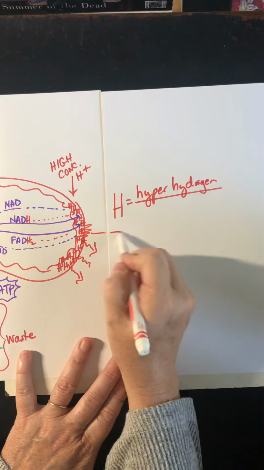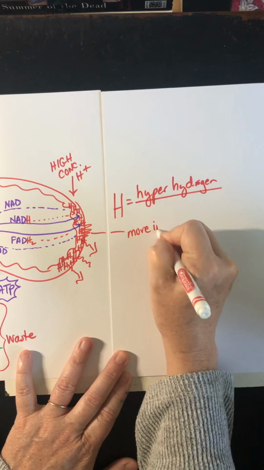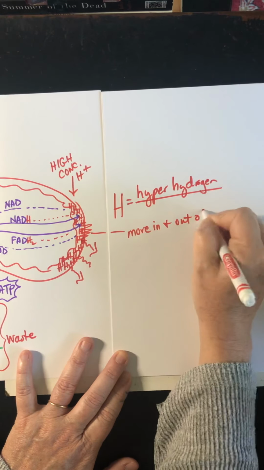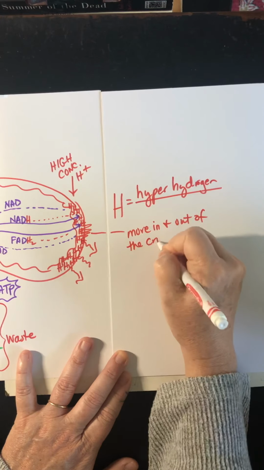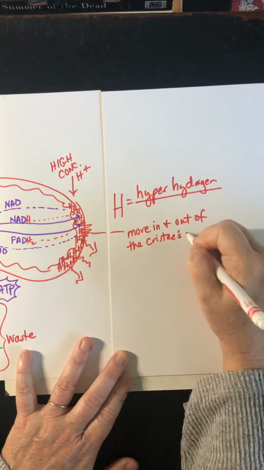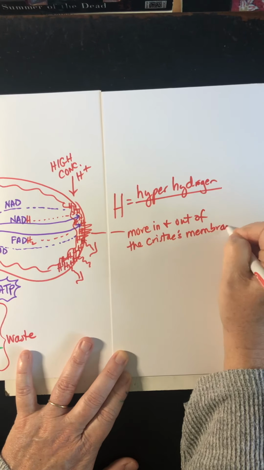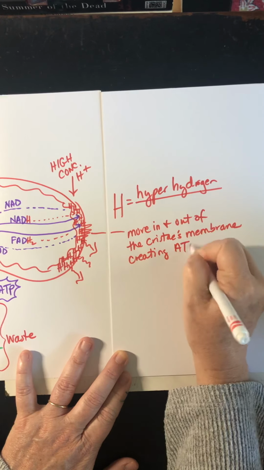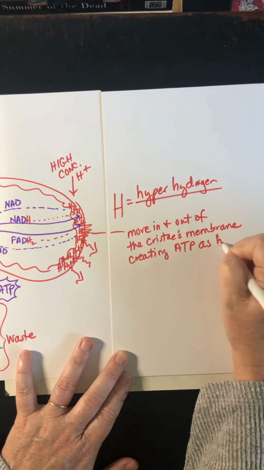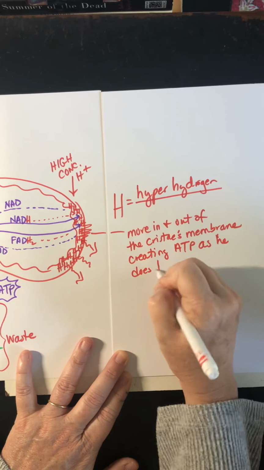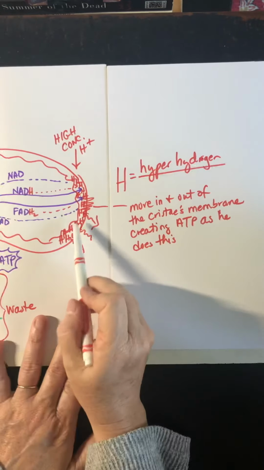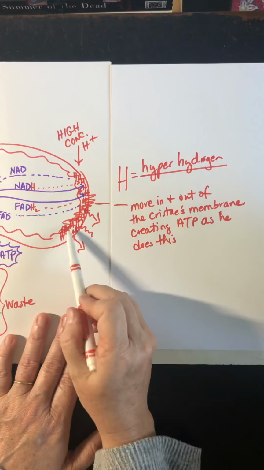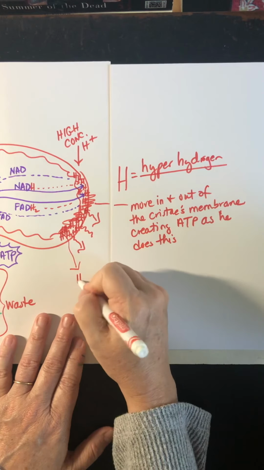Okay, so he's going to move in and out of the cristae membrane, making ATP as he does this. All right, so in and out, all on the inside and everything, and then eventually he diffuses out, okay?